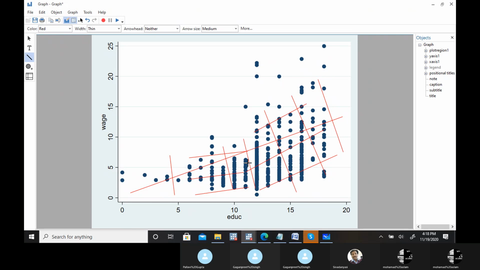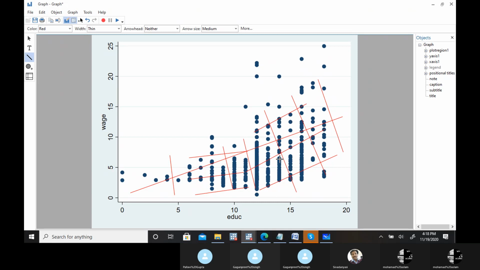Give them a code number, like 99,999, and apply a command for all others with keep if, and then you can run the regression without outliers. So this is the situation here.